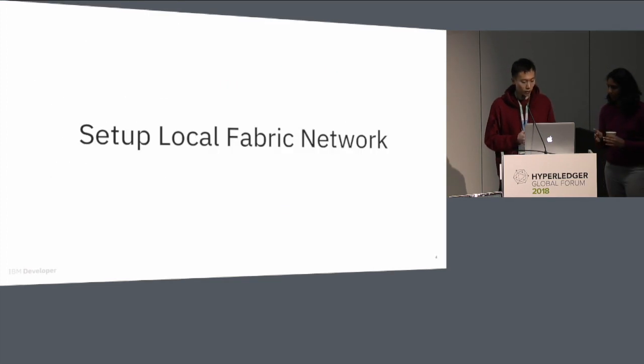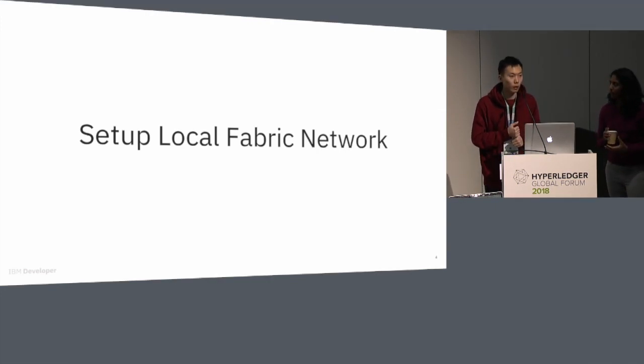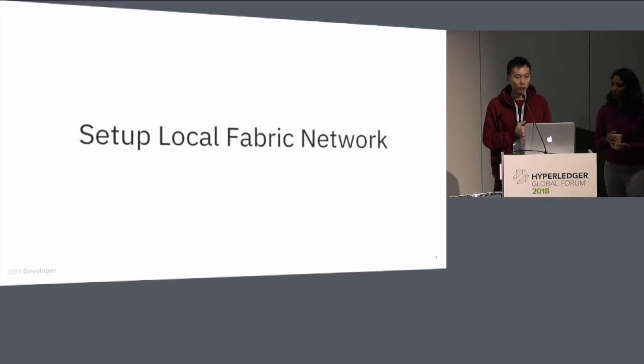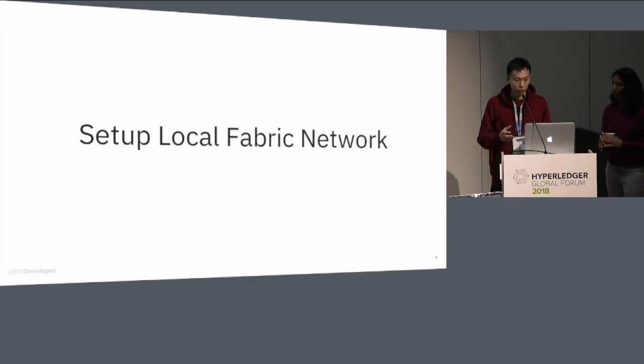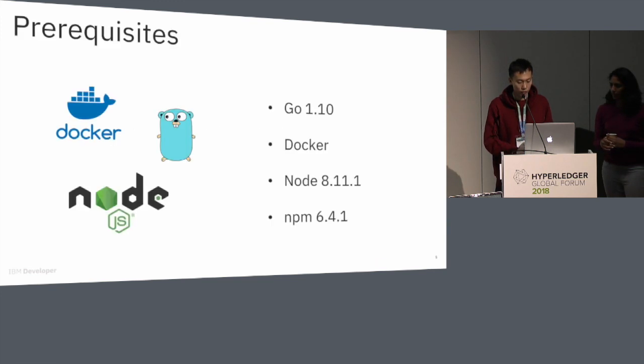We will run this workshop in several steps. First, we will help you set up a local Fabric network on your laptop. We expect people to have their own laptop working, and there are some prerequisites. First, you need to have Go 1.10 or later, and Docker installed on your local machine.